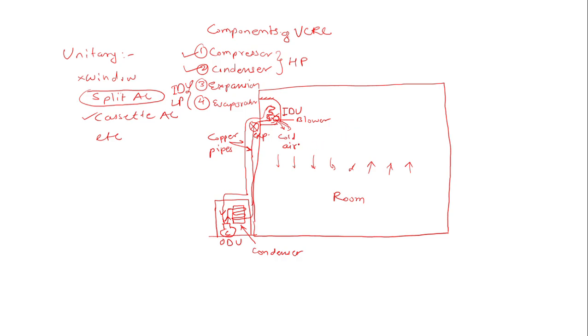Because of this absorption, the cold air becomes warmer and warmer. As you know, cold air has higher density and warmer air has lower density, so the warm air will try to lift up in the upward direction.